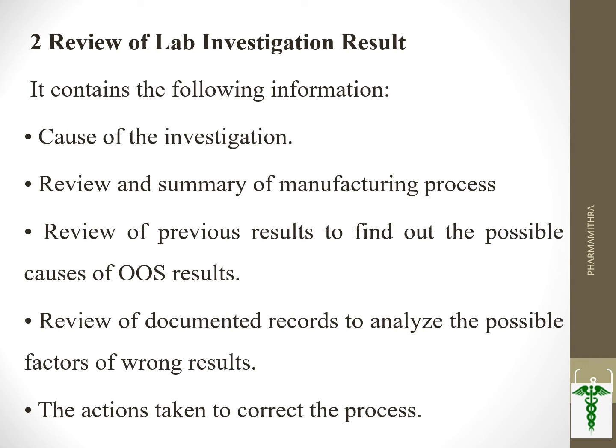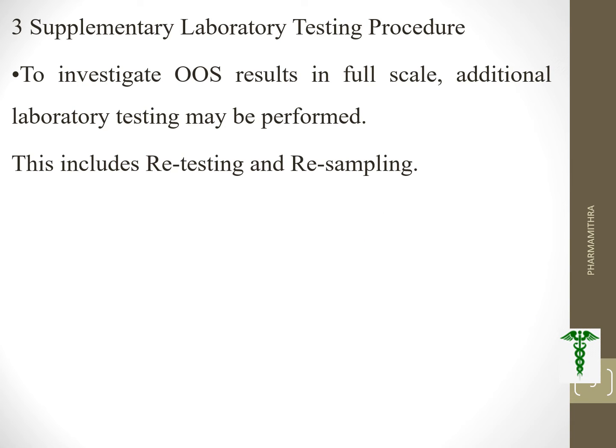That is the first step. Second, we review the lab investigation result. We check the course of the investigation, the review and summary of the manufacturing procedure, the previous results, and the documented records, and we take action to correct the process.